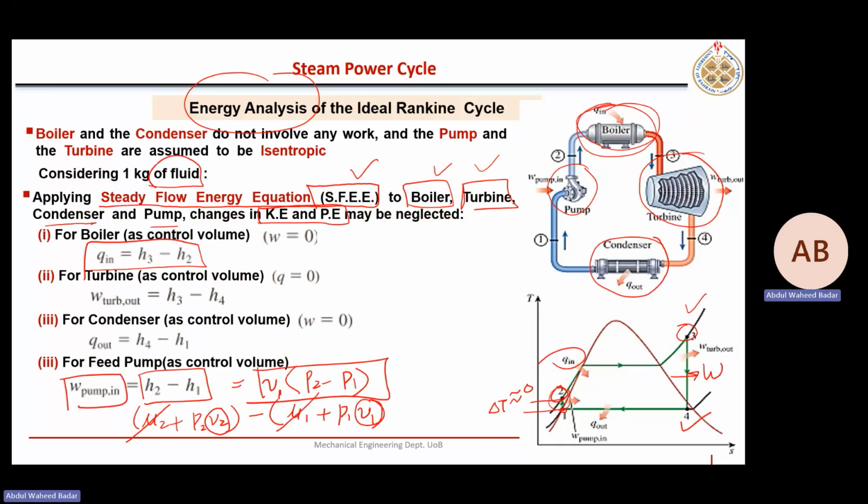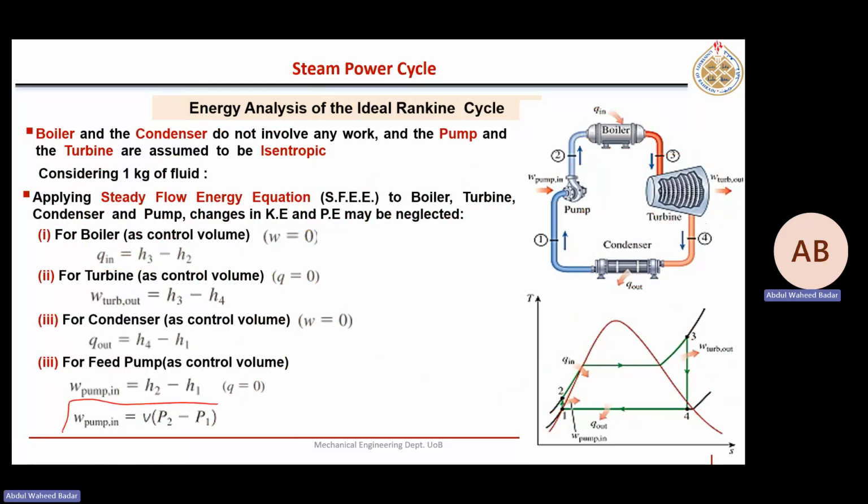It is difficult to find enthalpies from the table or chart. We'll see tables and charts. The charts, which we will see, those are readable here, but those are not readable here. Lines are so close to each other, pressure lines especially. So for the pump, we'll be using this equation. For the others, the same enthalpies, which we calculate. Okay, so that is explained here.